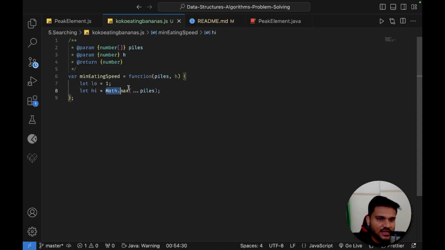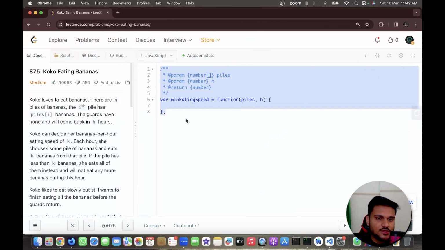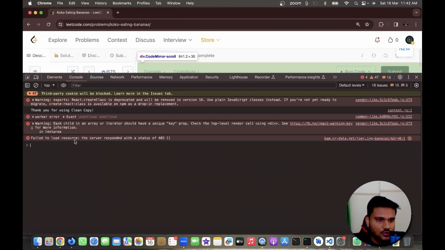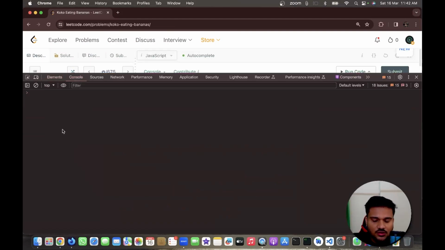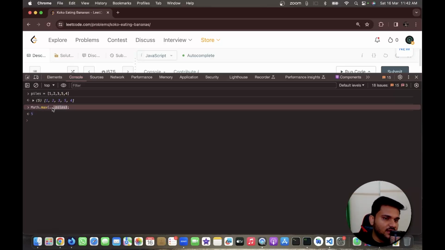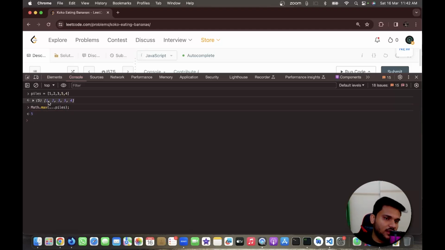So what is this syntax? You must already be aware of the spread operator, right? Let's say you have an array piles equal to 1, 2, 3, 4, 2, 3, 5, 4. And you do this. Can you see you are getting 5? How is that? Because the spread operator is destructuring or unpacking your array.